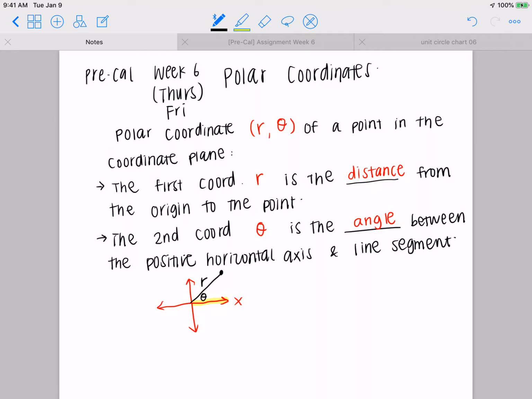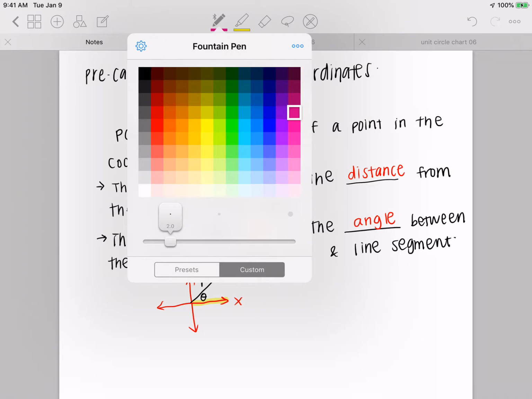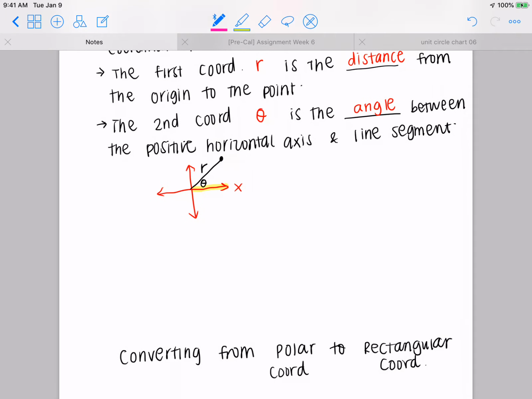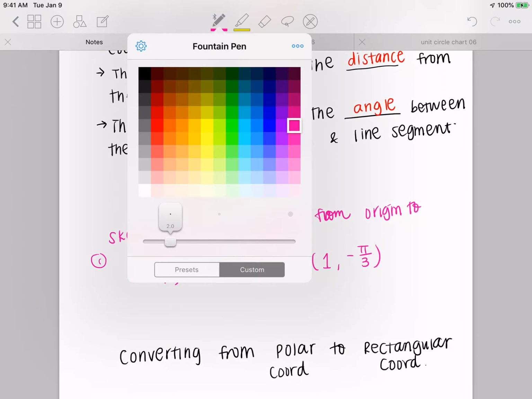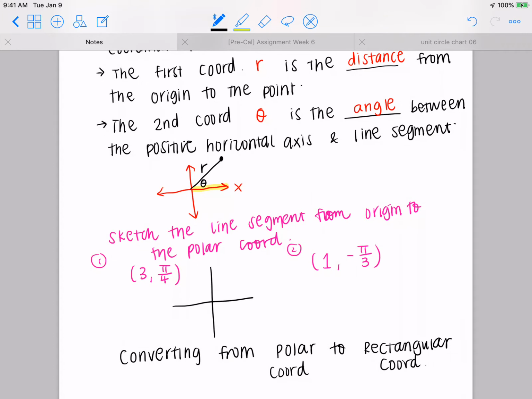Okay, so let's set up an example. If I have to sketch the line segment from the origin to the polar coordinates 3 comma pi over 4, or 1 comma negative pi over 3, two different questions, then you would want to start off by setting up your grid.